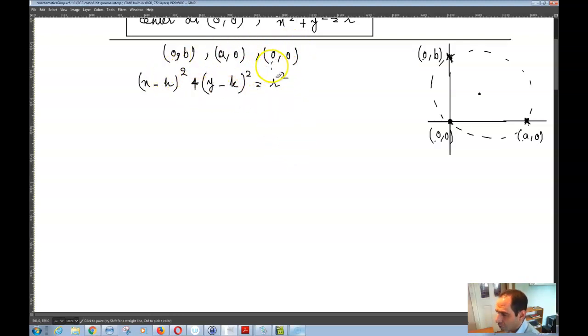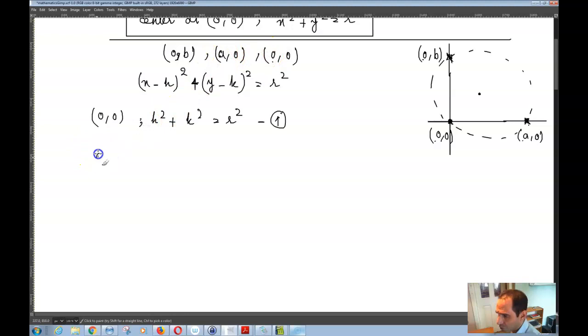Now if your circle goes through the point 0, 0, you will get h squared plus k squared is equal to r squared. You can call this equation number 1.